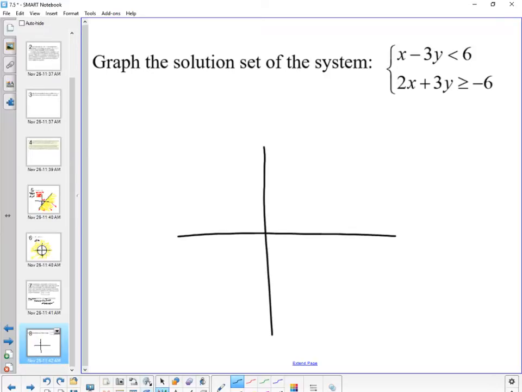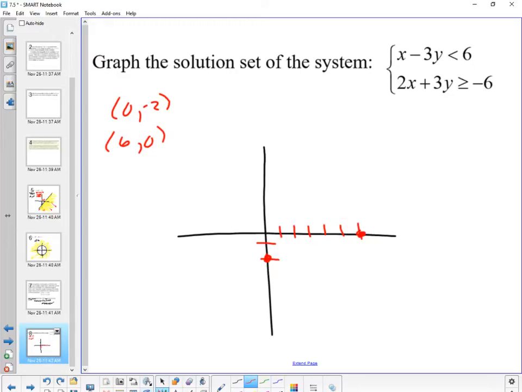So for the first one, if x is 0, I've got -2. And if y is 0, I've got 6. So 0, 1, 2, and 1, 2, 3, 4, 5, 6. So here's one of them.